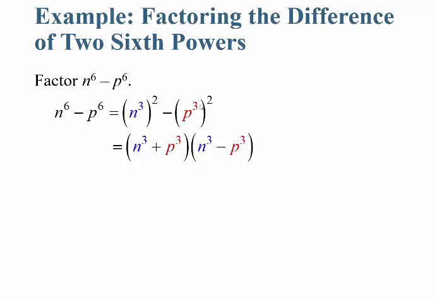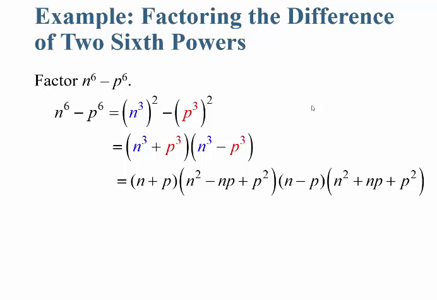So it becomes n to the third plus p to the third times n to the third minus p to the third. And then this just factors literally as the sum of cubes, and all I'm doing is changing the a to the n and the b to the p, and this factors as the difference of two cubes as such. So a lot going on in that one.